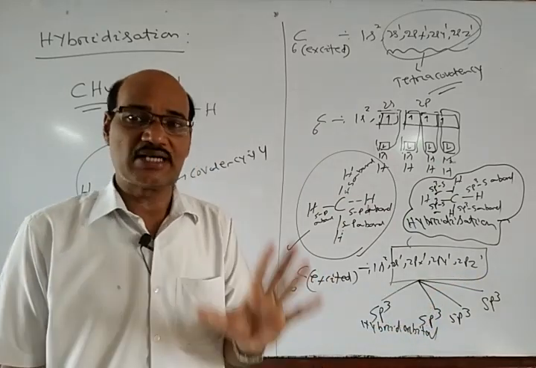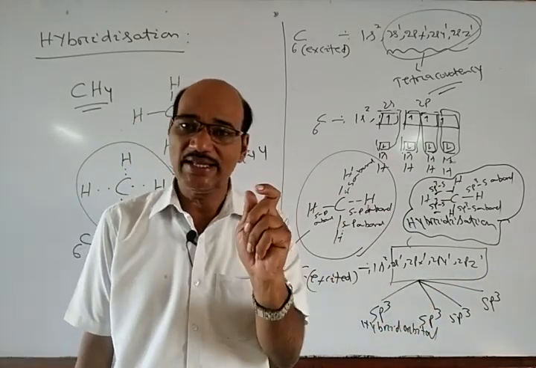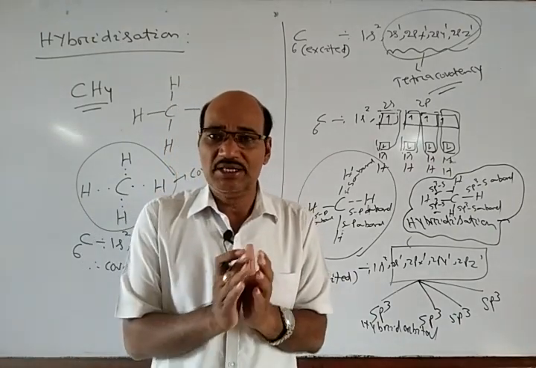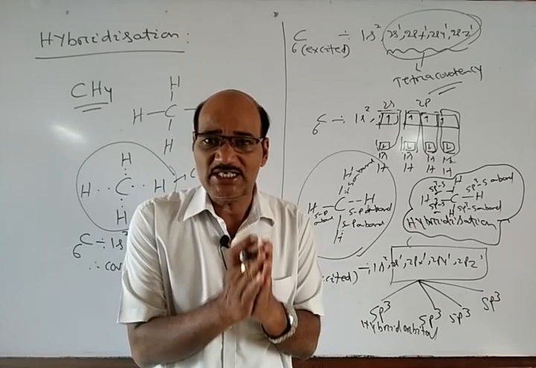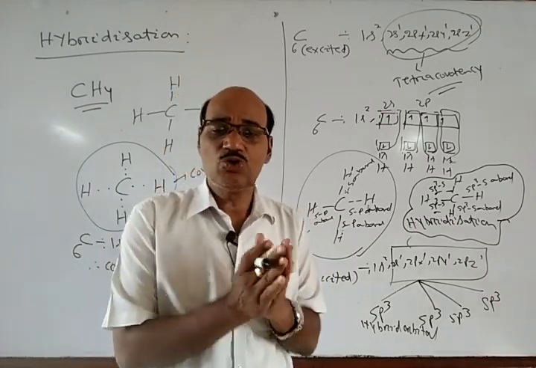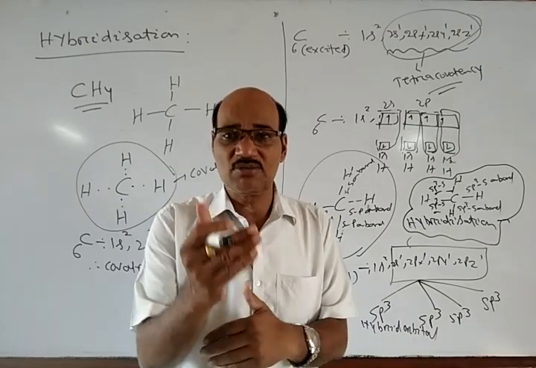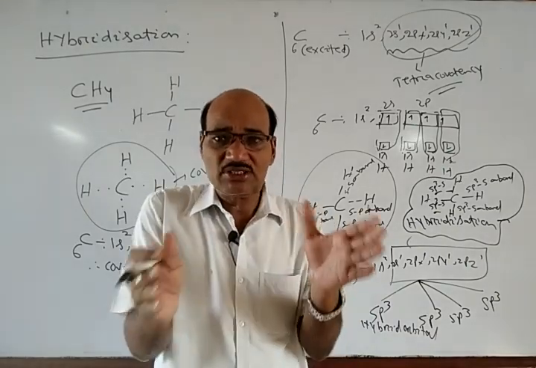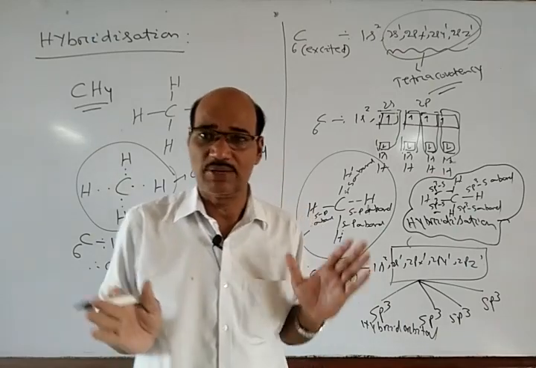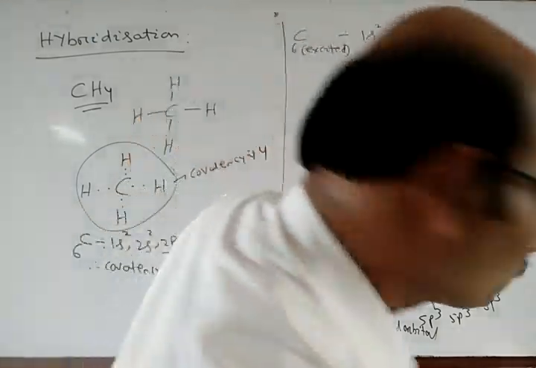Here the carbon atom is undergoing hybridization. The 2s and 2p orbitals of the carbon are intermixed to give 4 sp3 hybrid orbitals. Now all are having the same energy. So when they form the sigma bond with the hydrogen atoms, all the bonds will remain the same. That's why the bond length and the nature remain the same. Okay, is that clear?